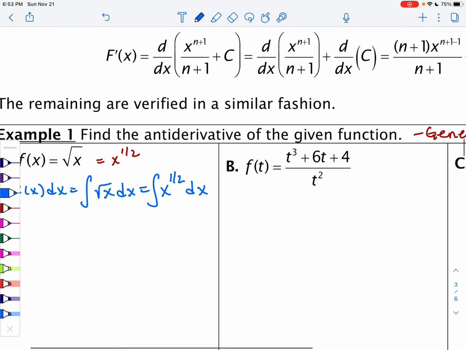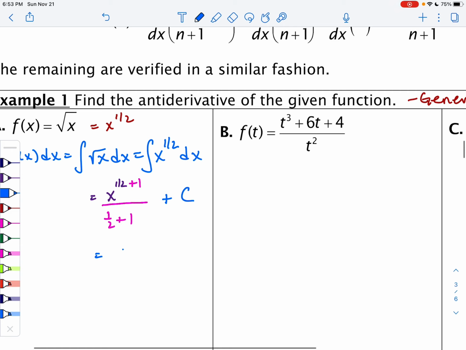So when I do that, this is going to equal x to the 1/2, I'm going to add 1, and then I'm going to divide by that entire denominator. And we're not going to forget to add plus c. What is 1/2 plus 1? 1/2 plus 1 is 1.5, and 1.5 is 3/2.